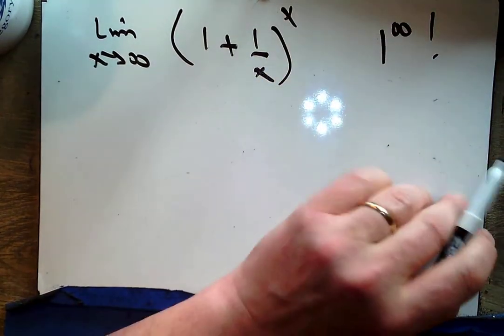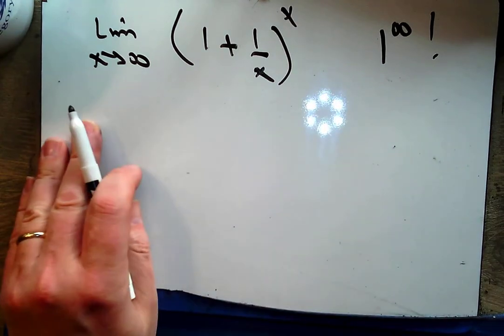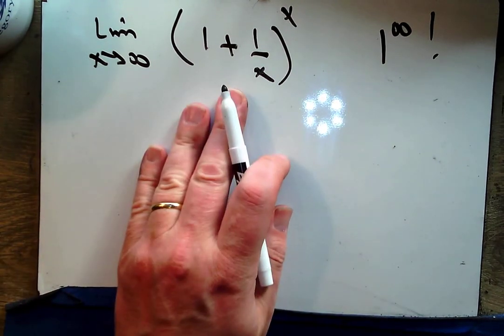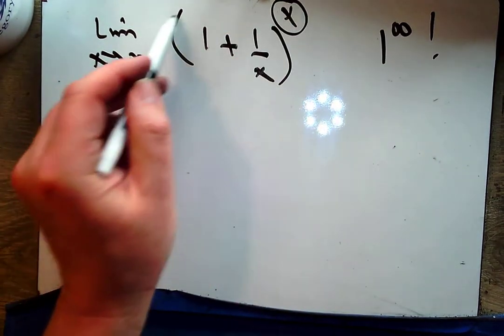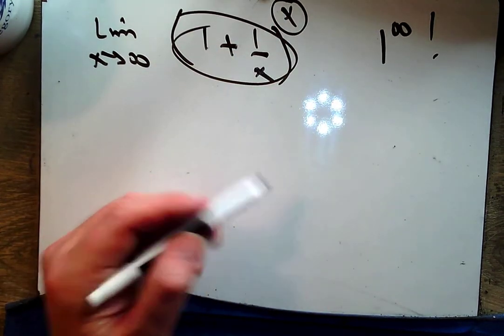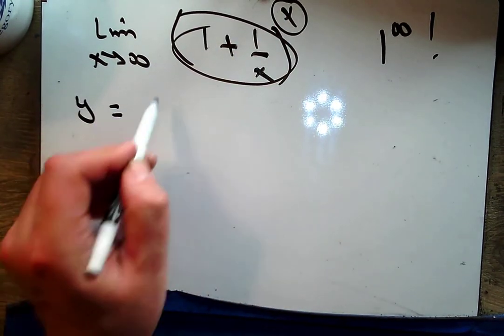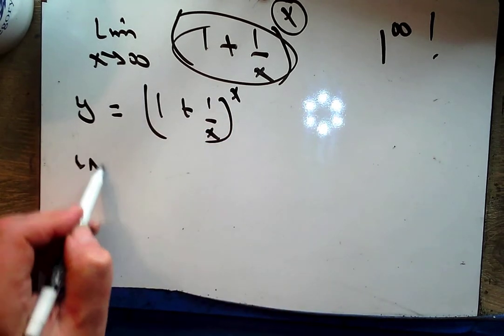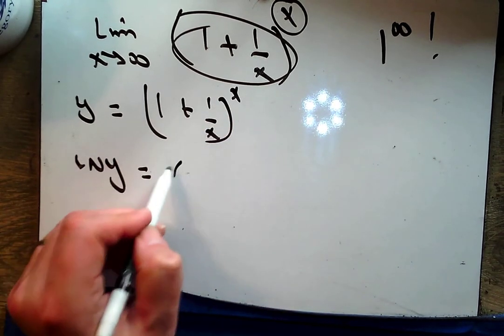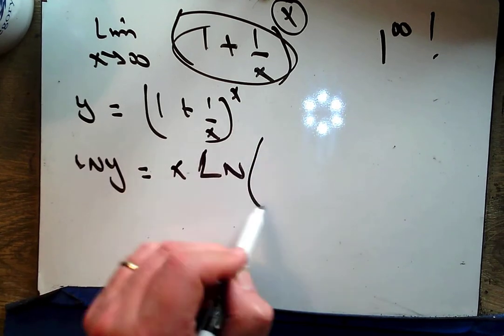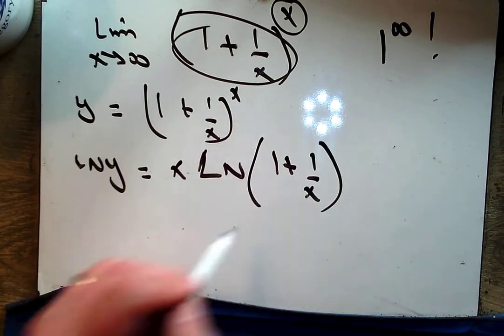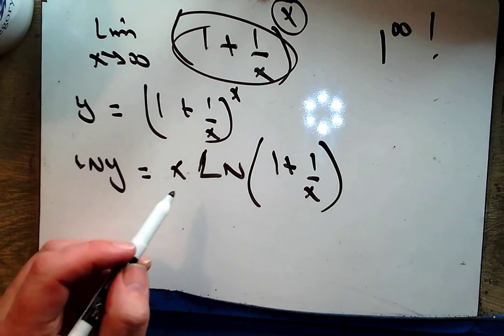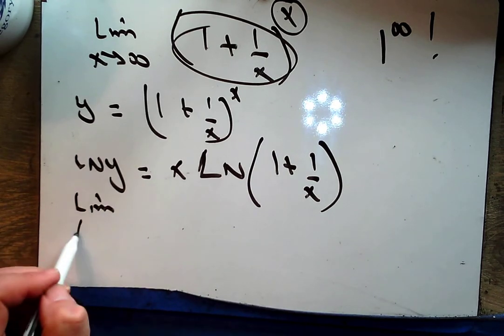And when I have 1 to the infinity, I think, whoa, I got to take that ln on both sides, because look, I have a function raised to a function. So I'm going to say y equals (1 plus 1 over x) to the x, and therefore the ln of y is going to be x ln of (1 plus 1 over x). Good. Now, what happens if I think about the limit?